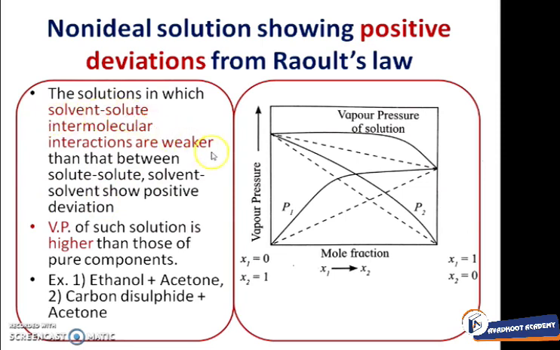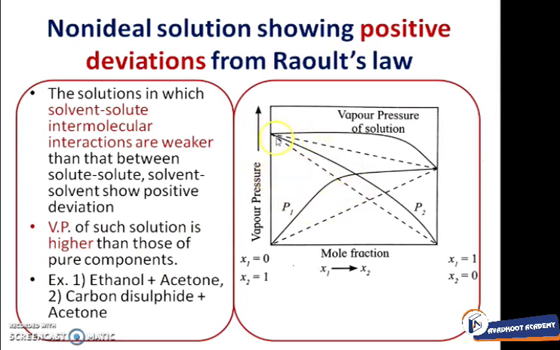The solvent-solute interaction is weaker than the interaction between solute, that is, when the solute is present in the pure state before formation of the solution, or solvent interaction. So in this case, the vapor pressure of such a solution is higher than those of the pure components.